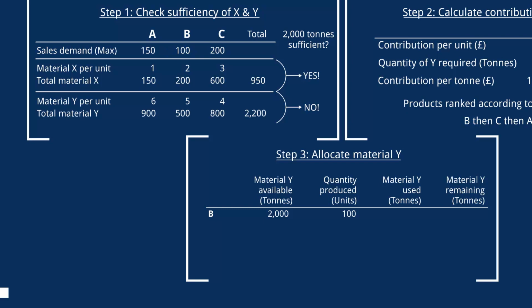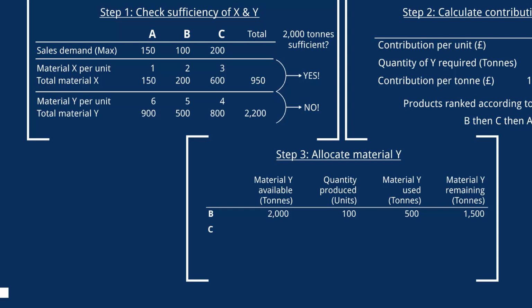The total amount of material Y used to create 100 units of product B is 500. So we're going to use 500 tons of material Y. We started with 2,000. We've now used 500. So we have 1,500 tons left over.